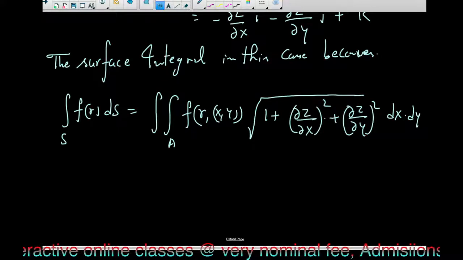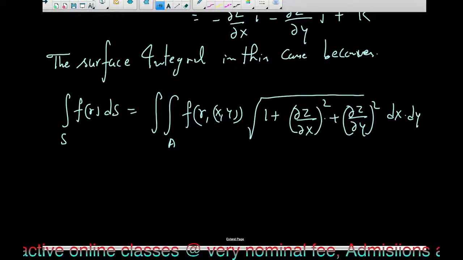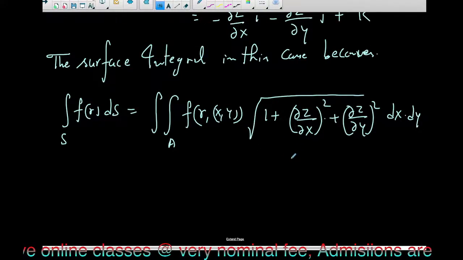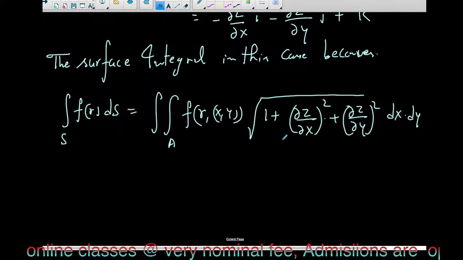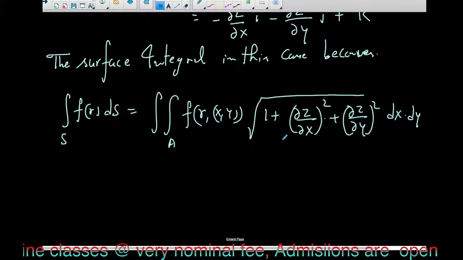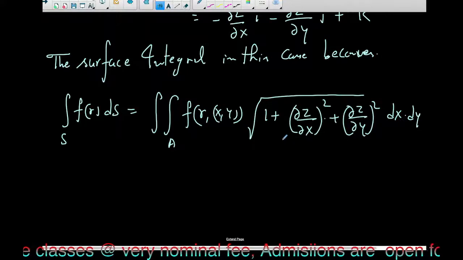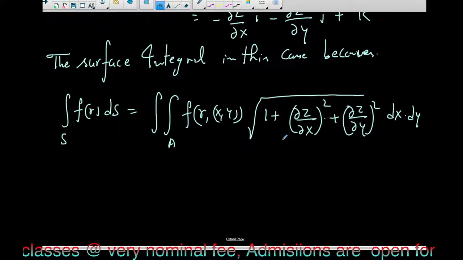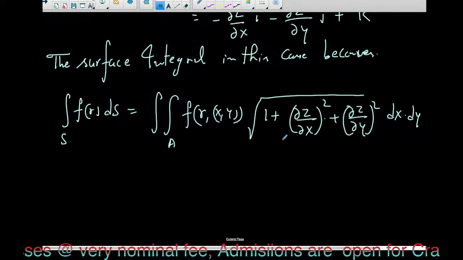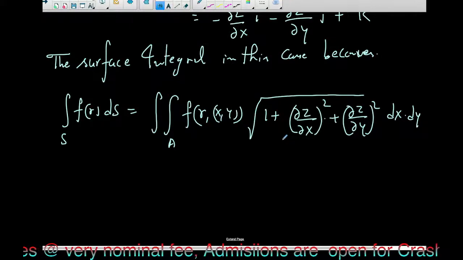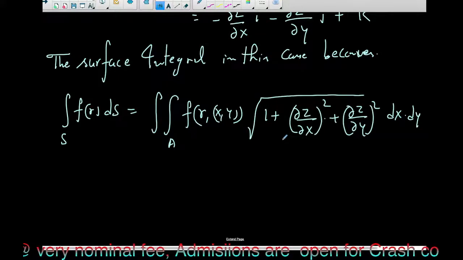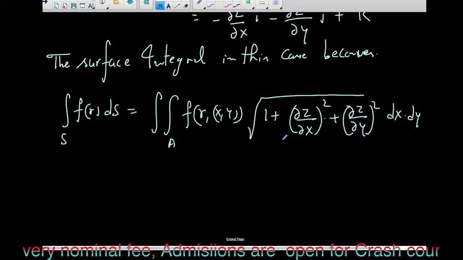Is it okay? So let's take some question to understand how we will use this whole formula. You have to find the surface area, which is a surface integral.